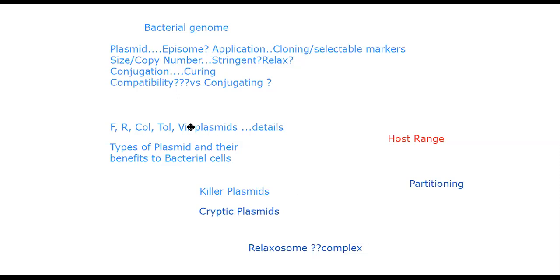But if a plasmid is found in a large number of hosts or bacteria, then it is said to be a broad host range plasmid. So depending upon its abundance, a plasmid can have a narrow or a broad host range.